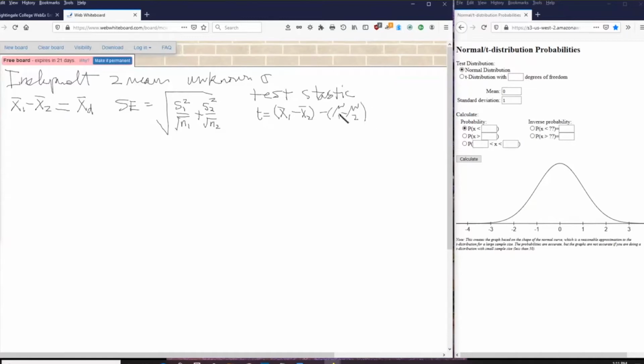Oftentimes we're going to set these two population means equal to each other, which means that this difference is just going to be 0. And then the bottom is just the standard error, the same formula.